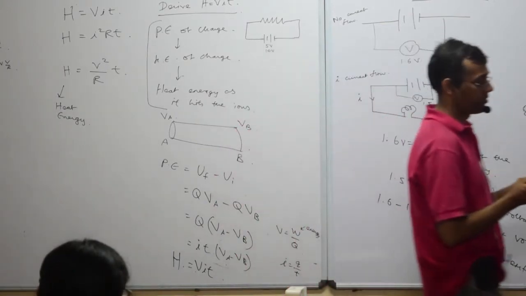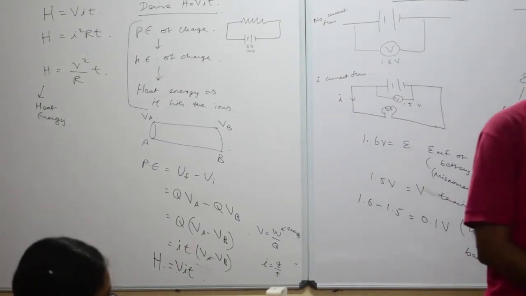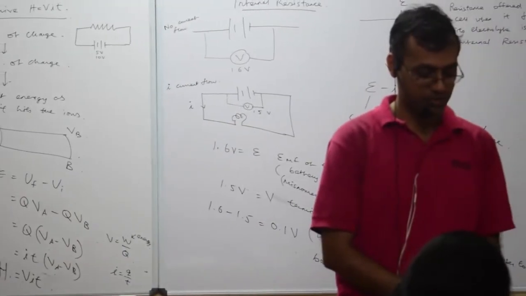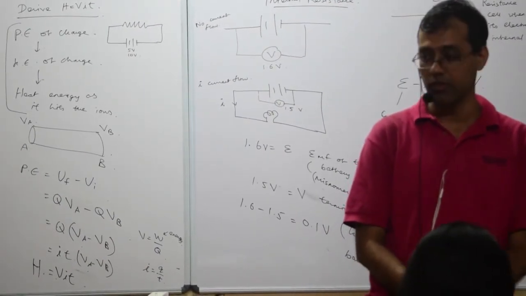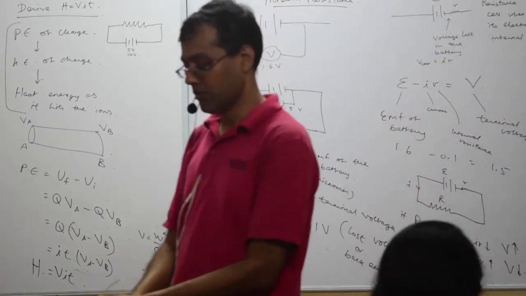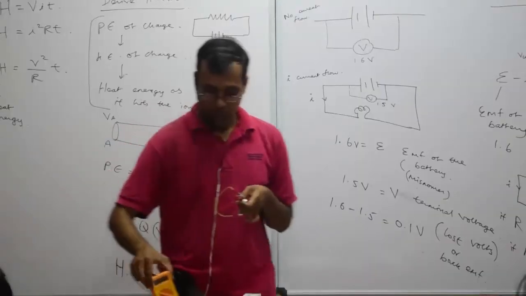So you folks can, yeah, it's not very safe to do it like this, but we can try it quickly. Just touch it and see. You see it? It's getting pretty hot.